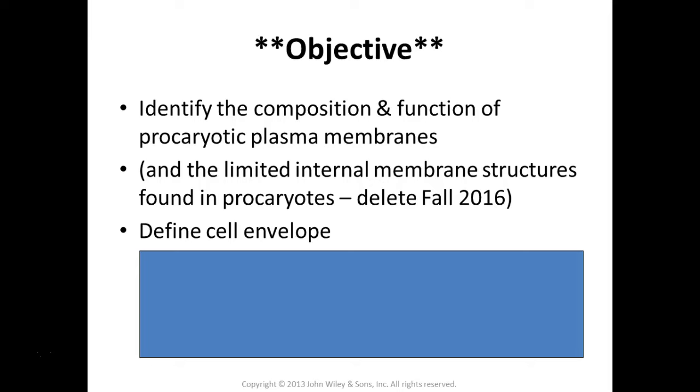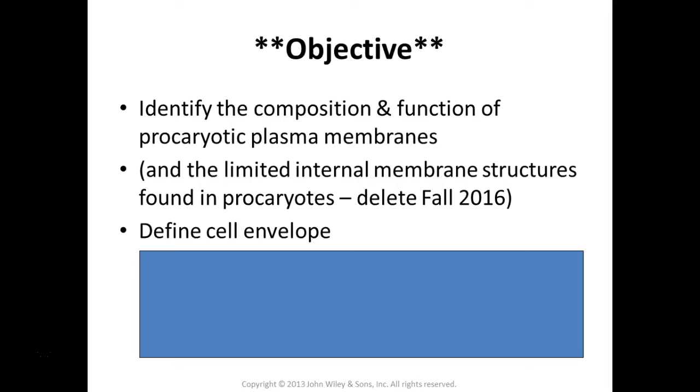Now there's a whole section in your book titled cell envelope. But what is a cell envelope? What structures make up the cell envelope? So what parts are there to a cell? There's a cell wall. Do you think that's part of the envelope? Yeah.